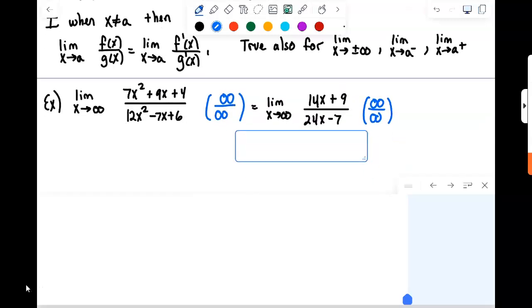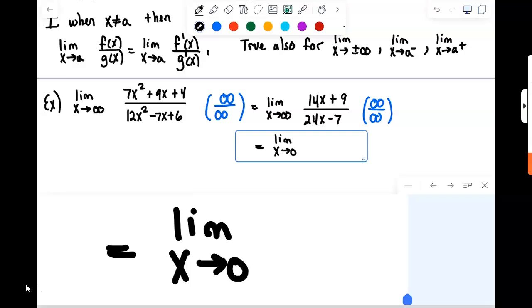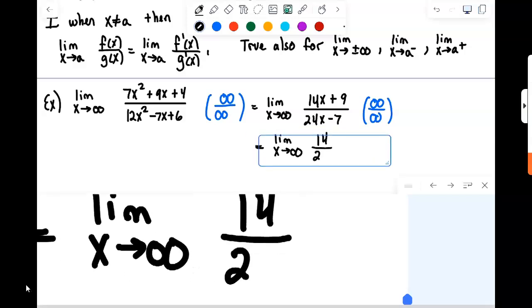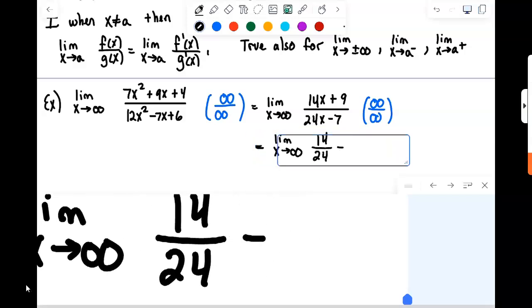So we can invoke L'Hopital's rule a second time. Do the derivative of the top, which should be 14. Derivative of the bottom, which should be 24. 14 over 24 should be 7 over 12. Now, that works, and that shows you L'Hopital's rule works.